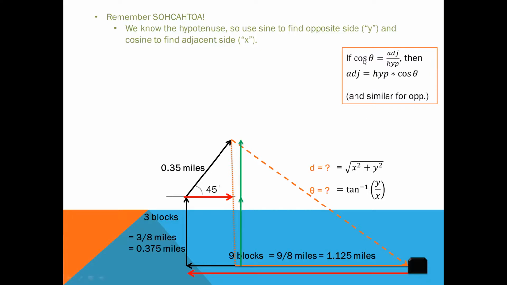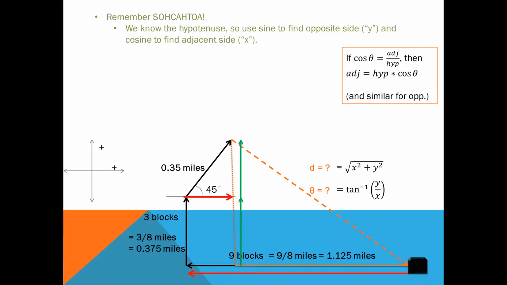So if the cosine of the angle is adjacent over hypotenuse, that's our definition that we saw on that previous slide, then the adjacent side is the hypotenuse times the cosine of the angle. Okay, similar for the sine. Now I'm going to establish our directions, which ones are positive and which ones are negative, according to what is pretty standard, right?